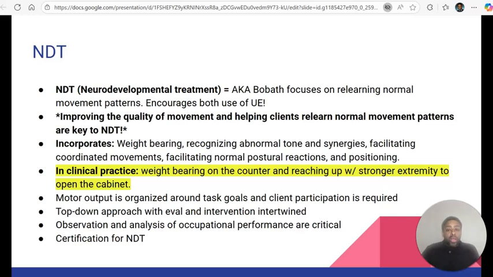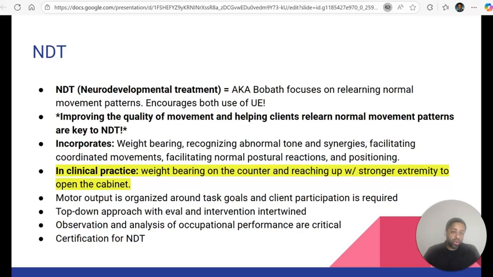Now, what currently is best practice is that we're not going to spend a heavy amount of time on facilitation of normal movement patterns. What we're going to spend a heavy amount of time on is forced use of the arm in different functional tasks, whether or not the movement pattern is normal or abnormal.